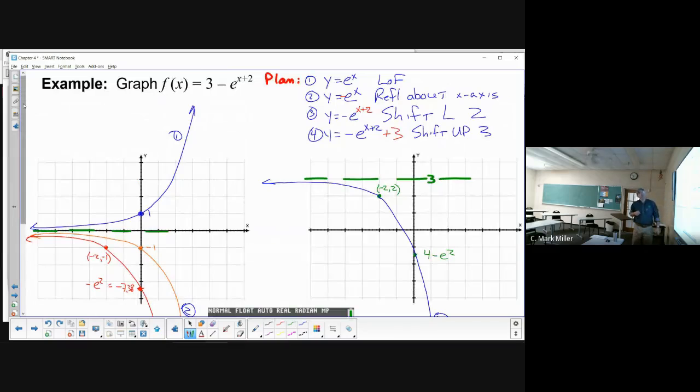Same procedure. You start with something from your library of functions. We're studying exponential functions now, so that's e to the x. That could be 2 to the x or 1/2 to the x or what have you. You do your transformations that we've done all semester. You start with the function whose graph you know, which was this blue graph, and you work it into the function whose graph you don't know.